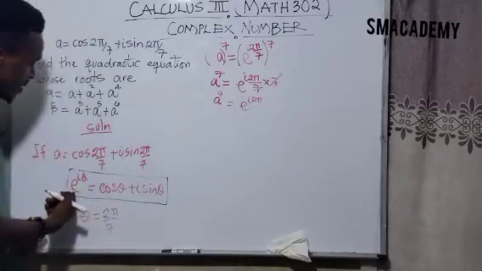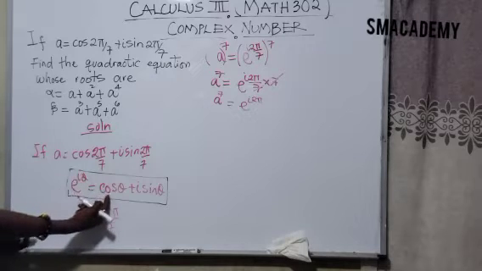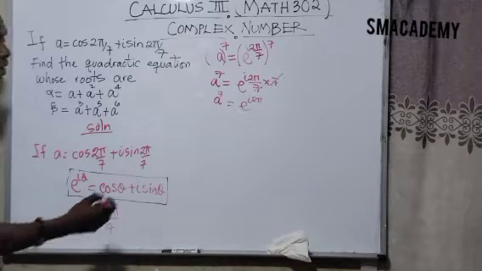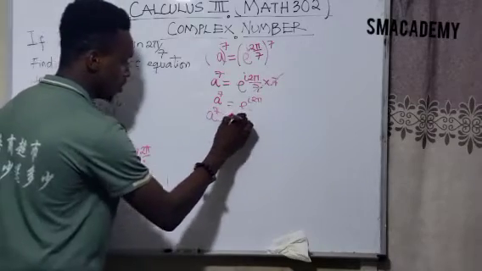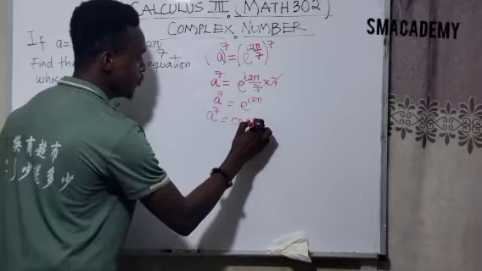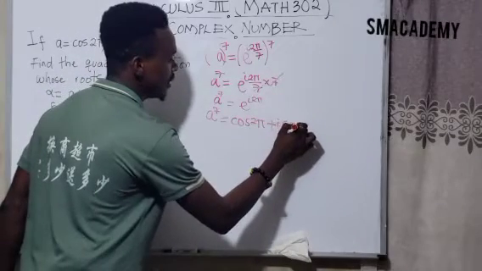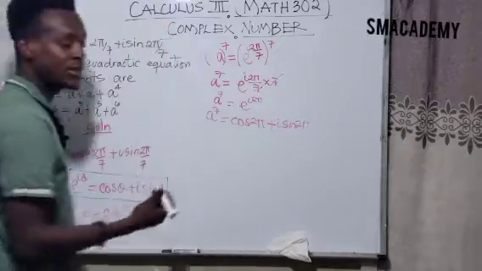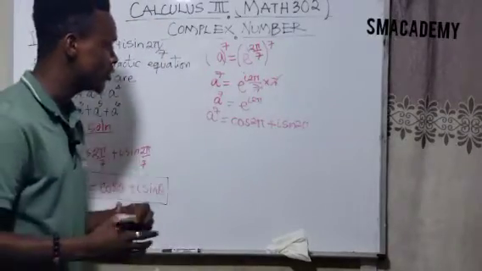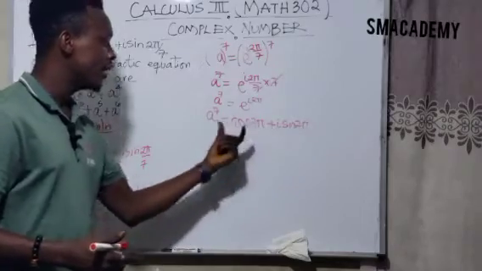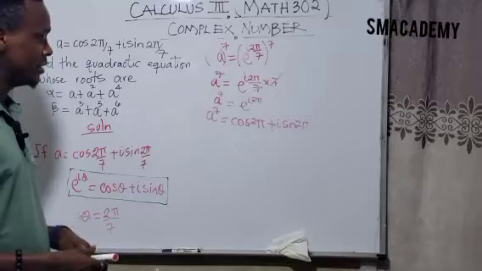We can come back to our Euler formula that says e raised to i theta equals cos theta plus i sin theta. So a to the 7th power is now equal to cos 2π plus i sin 2π. In terms of degrees, π is 180, so 2 times 180 is 360.